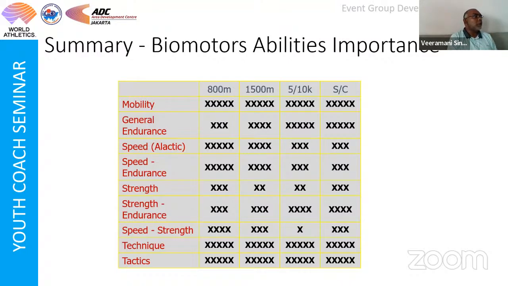Joint range is important, joint mobility is important, stride length will be impacted by mobility, and stride frequency too. So mobility is absolutely necessary for distance runners as well, as part of the program.